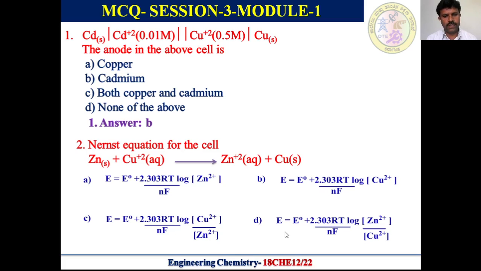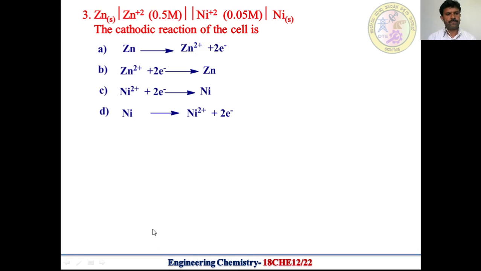Option D, the same with log of Zn2+ divided by Cu2+. If you look at the reaction, zinc undergoes oxidation, so it is the anode, and copper 2+ undergoes reduction, so copper is the cathode. The cathodic solution should be at the numerator, hence the correct answer is option C.